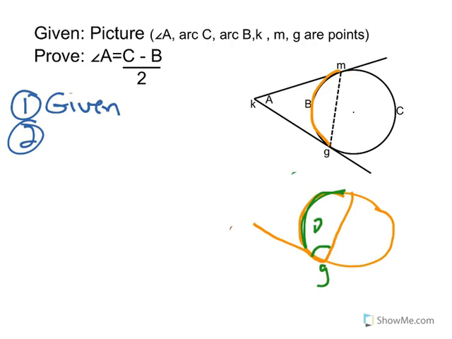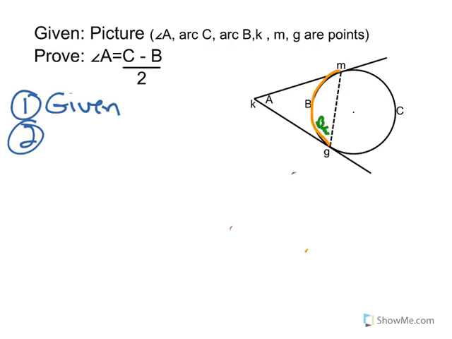So this angle right here would be B divided by 2. So let's write that. So that is angle KGM, and that would be equal to arc B divided by 2.